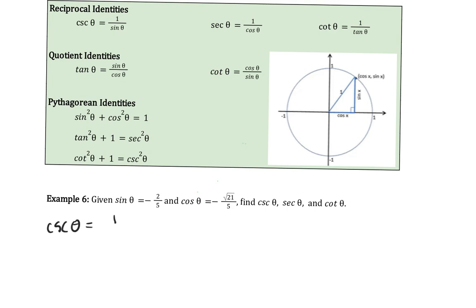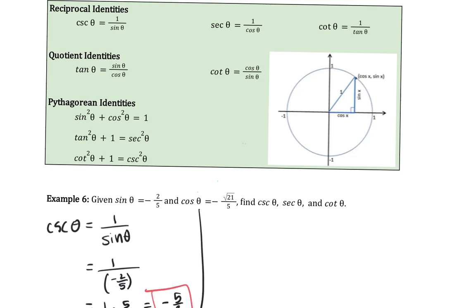That is 1 over sine theta. Since sine theta is given as negative 2/5, we get 1 divided by negative 2/5. That's the same thing as 1 times the reciprocal, 5 over negative 2. And so that simplifies to negative 5/2.